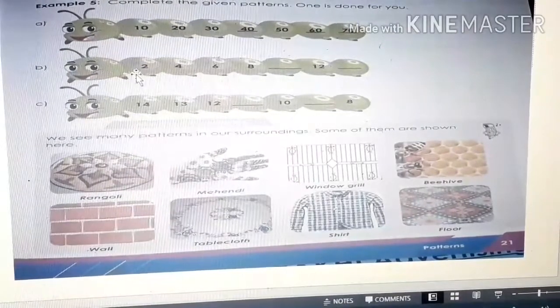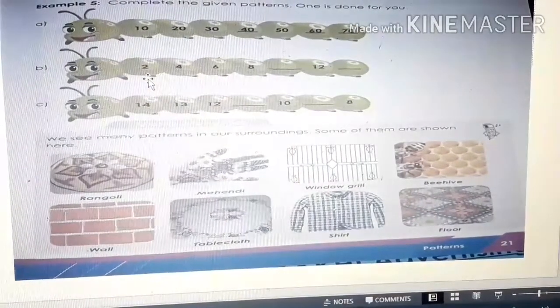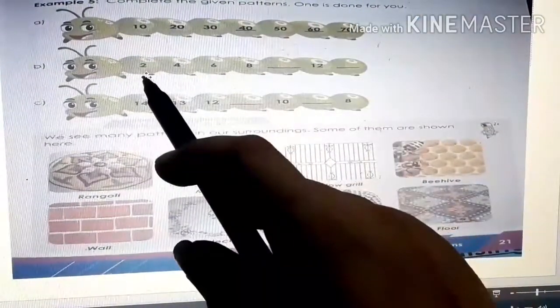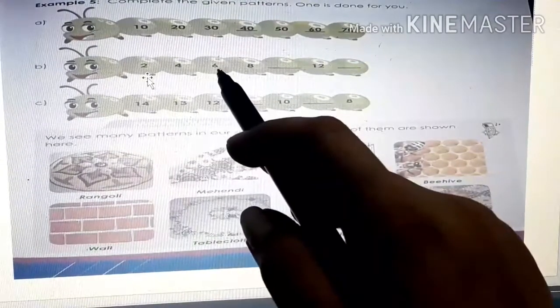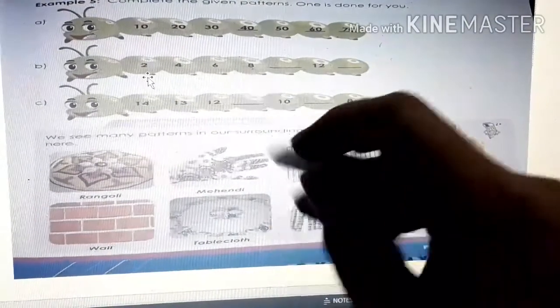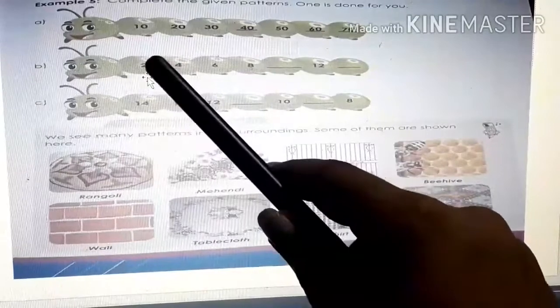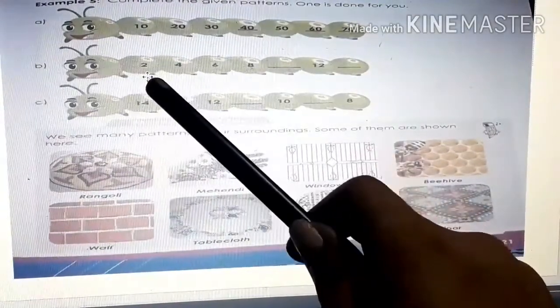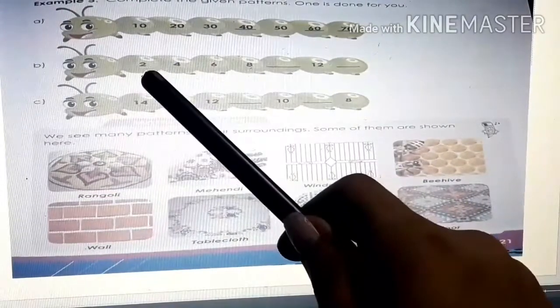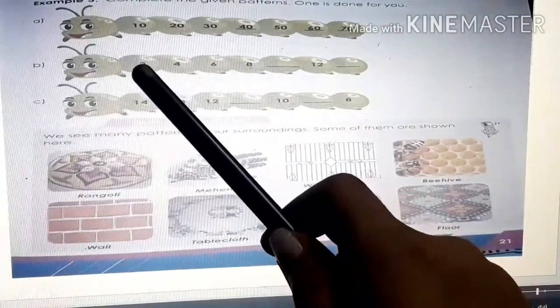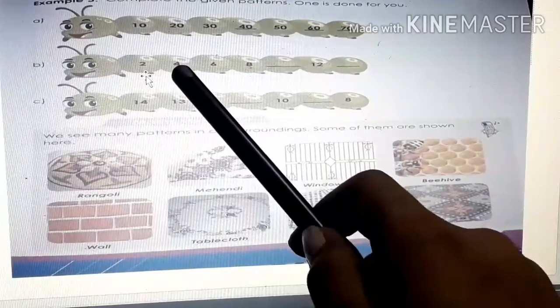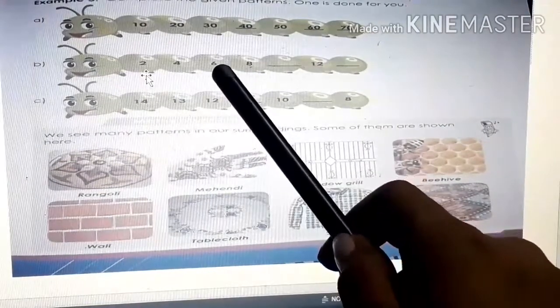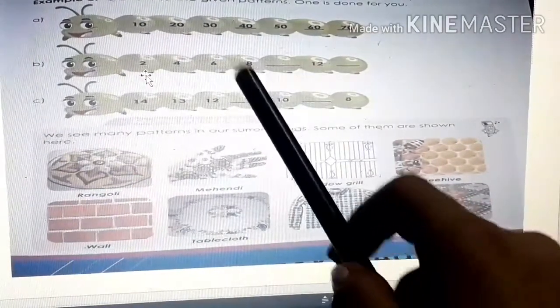Let's move to the next one, children. You see 2, 4, 6, 8. As I told you, this is what, children? Either you can say these are all even numbers, or you can say this is a multiple of 2, right? 2 ones are 2, 2 twos are 4, 2 threes are 6, 2 fours are 8.